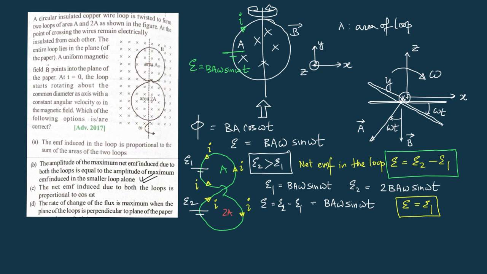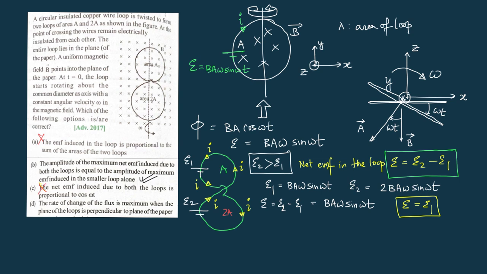Their values are equal. Now let's look at option C. The net EMF induced due to both loops is proportional to cos omega t. No, it's not true actually. It is proportional to sin omega t rather. So C is not an option. So A is discarded, C is discarded.